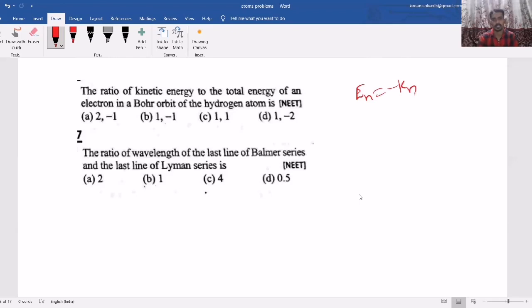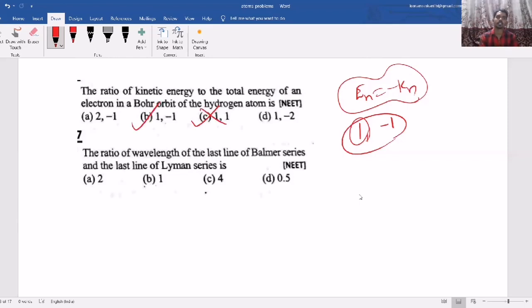So kinetic energy 1 means total energy minus 1. Because kinetic energy is always positive. But here both are equal but opposite sign. So magnitudes are same, 1, 1. But 1 is plus, 1 is minus. But kinetic energy always plus. So kinetic energy plus 1, total energy minus 1.